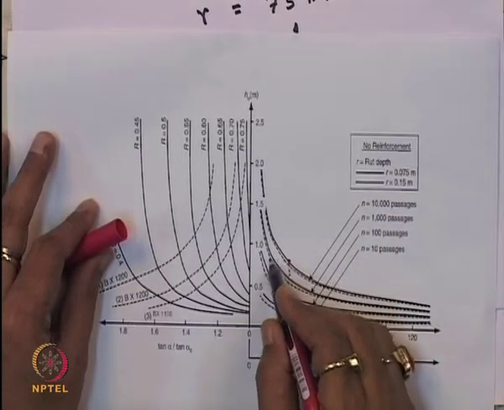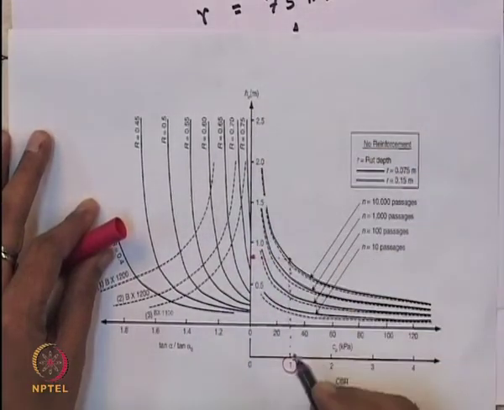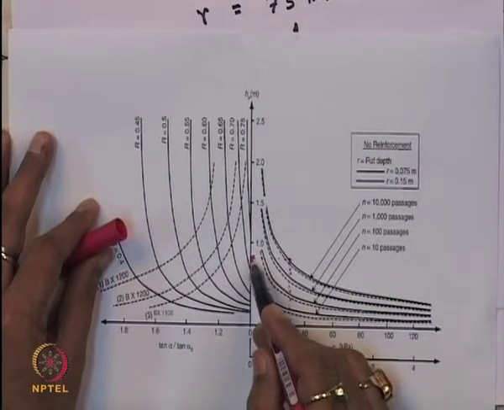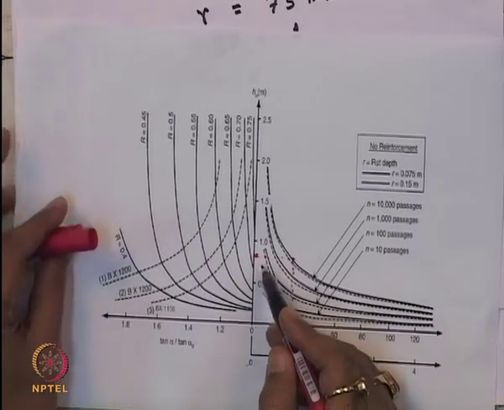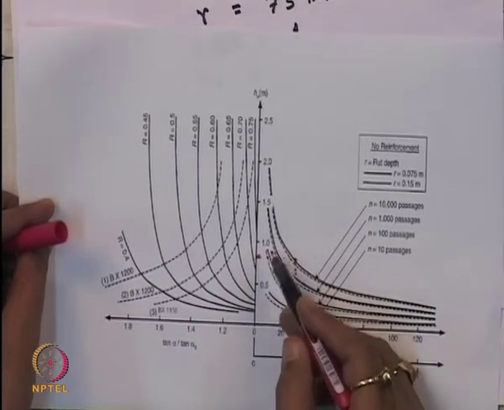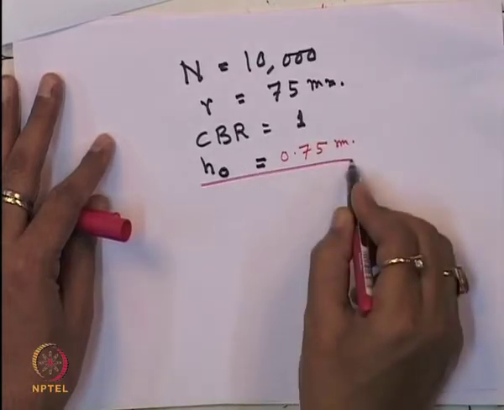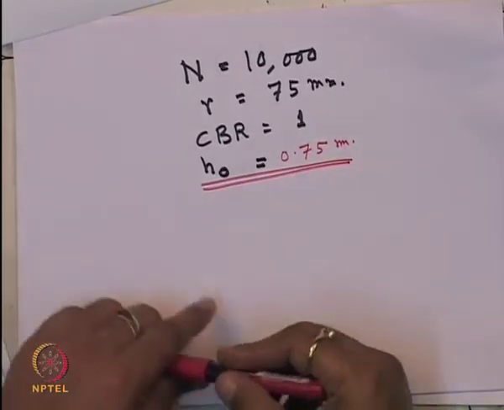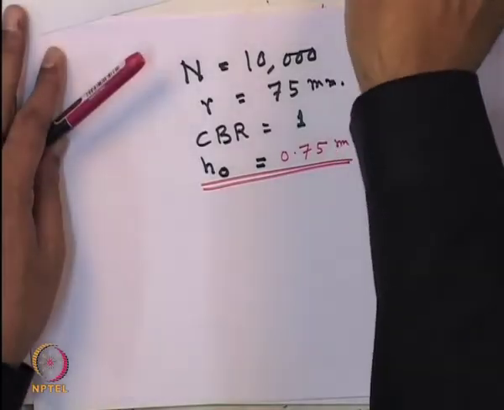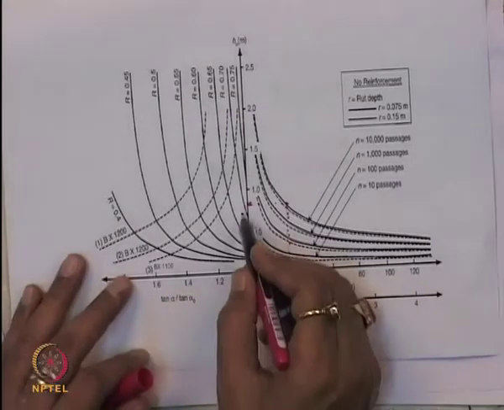So you can calculate the thickness of the pavement without geotextile. Let us say this H0 value is somewhat 0.75, in between 0.5 and 1.75. So H0 is equal to 0.75 meter without geosynthetic material. Now we select a geogrid material.